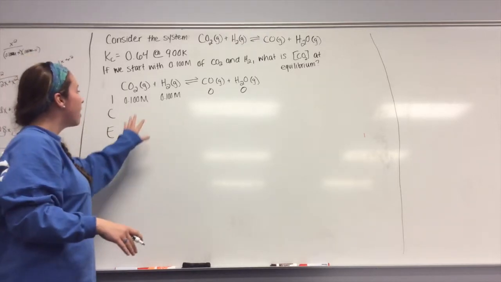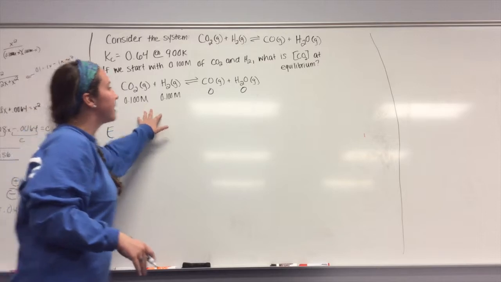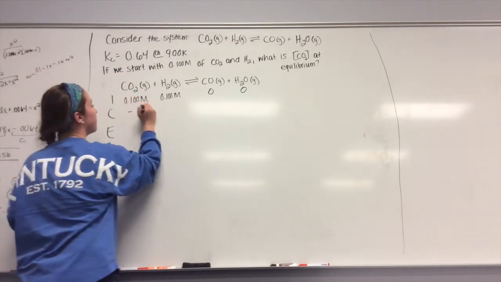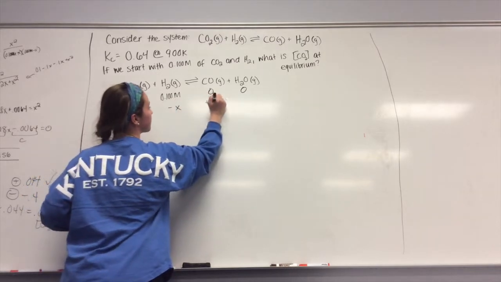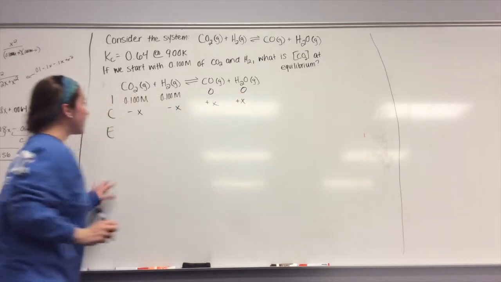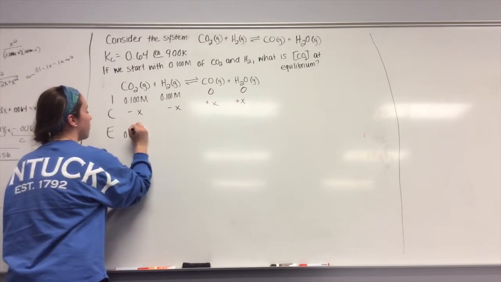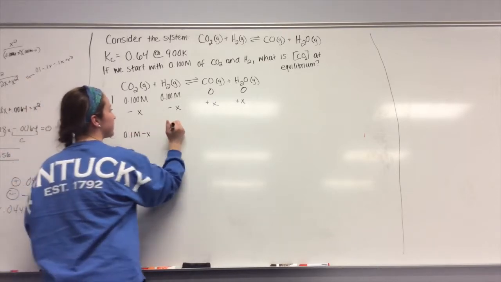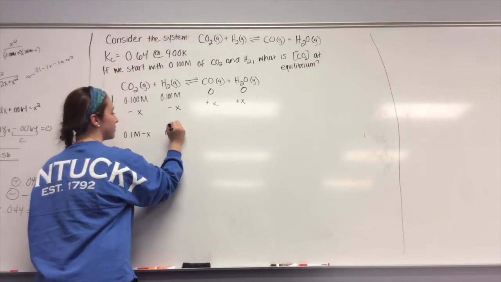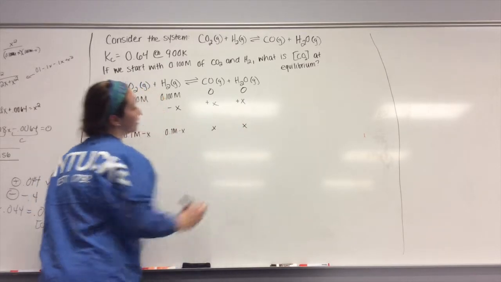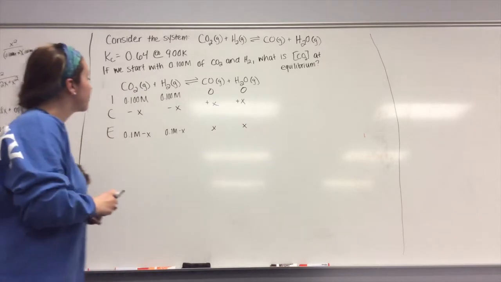We just can do minus x's for our reactants and plus x's since we're forming these products. And so that gives us for our equilibrium 0.1 molar minus x, and the same here for H2 gas. And then just x's for our CO gas and H2O gas.